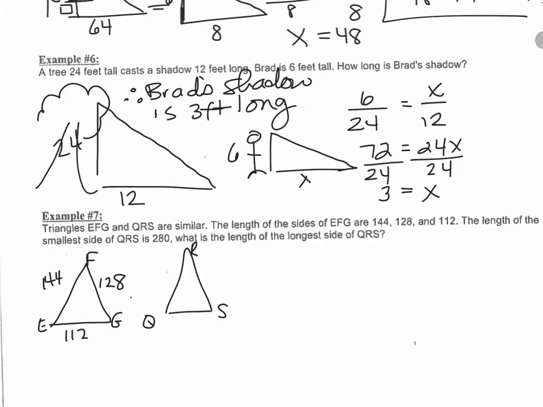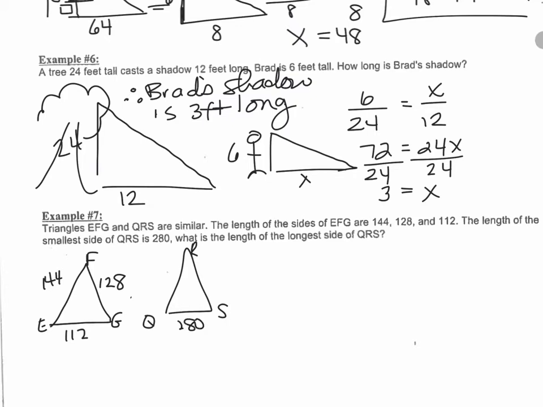So it says the length of the smallest side of QRS is 280. So my question is how do I know where I want to put 280? So I have to come here. So since all my sides correspond to each other, since 280 is the smallest, I want to come over here and I go, okay, which one of these sides is the smallest on EFG? Well, 112 is the smallest, which means 280 is going to correspond to that.